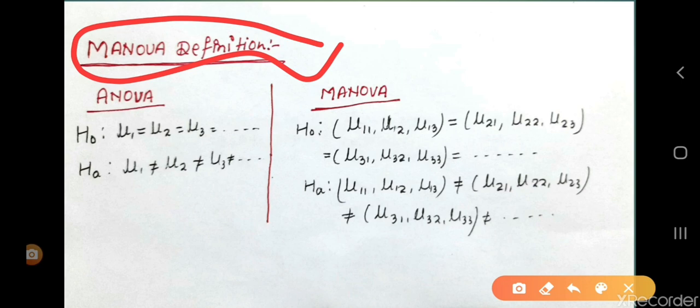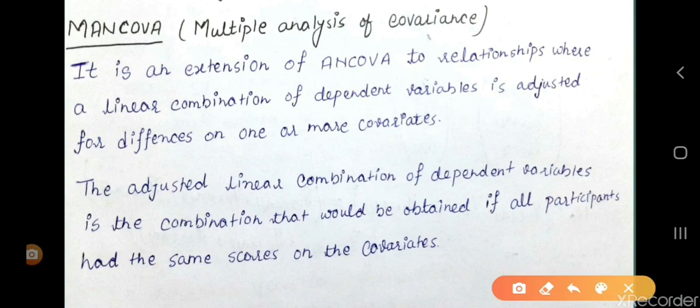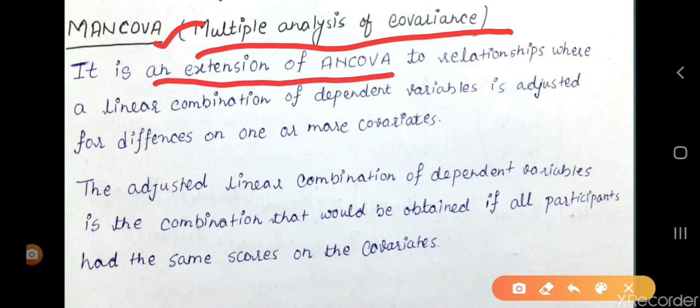Next we will proceed to MANCOVA. MANCOVA is nothing but multivariate analysis of covariance. It is also an extension of ANCOVA, which was analysis of covariance, where the relationship was a linear combination of dependent variables.